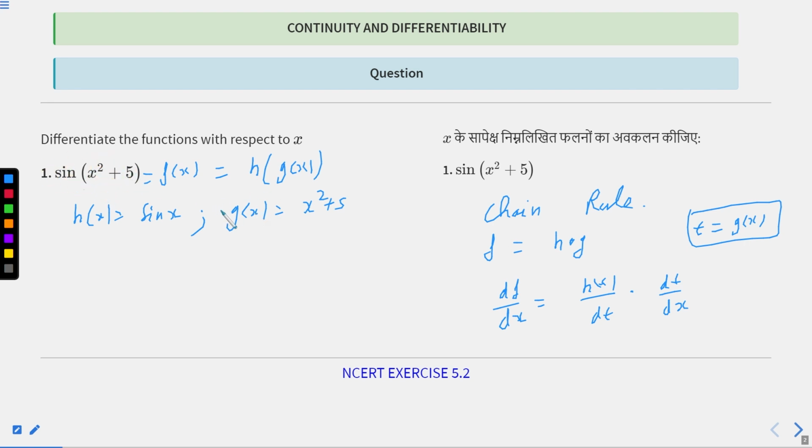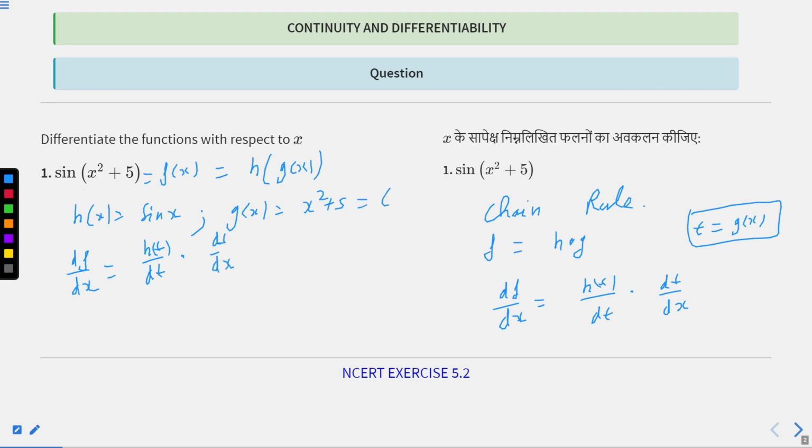Mostly this will work. So df by dx will be dh by dt multiplied with dt by dx.